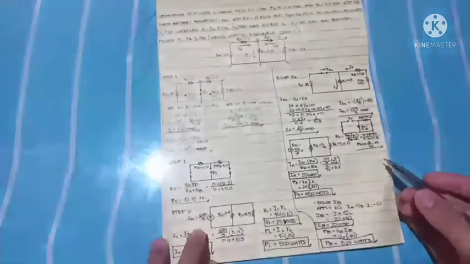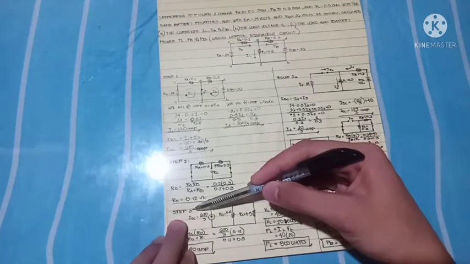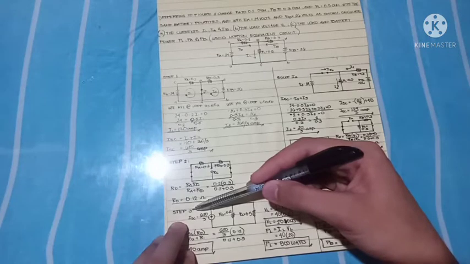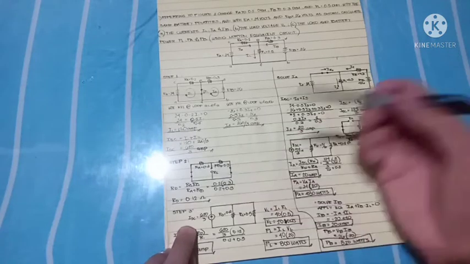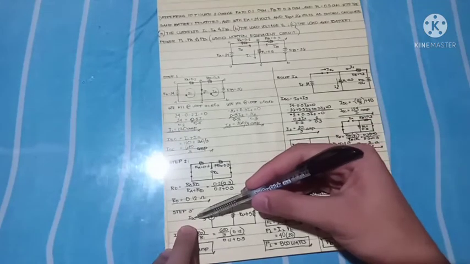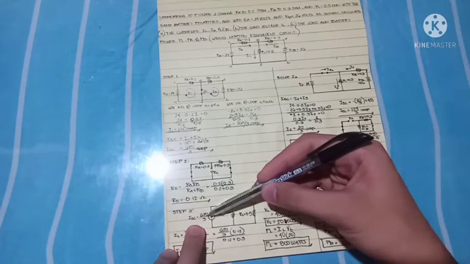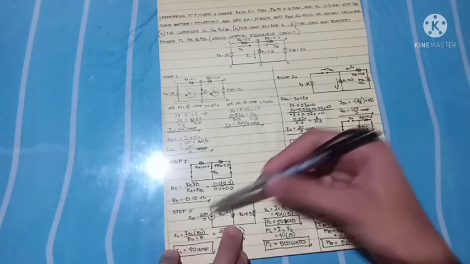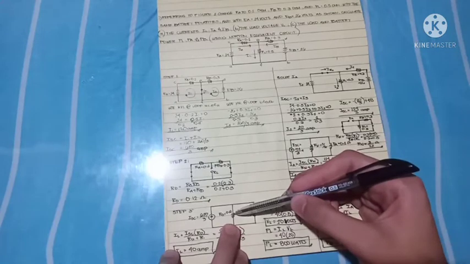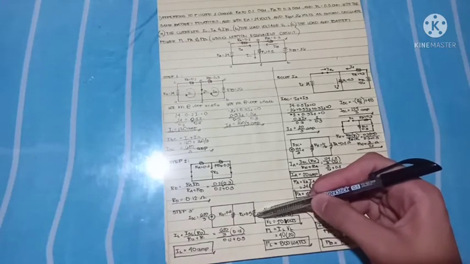Now, let's go to step 3. In step 3, construct the Norton's equivalent circuit and solve IL. In this diagram, you can see the short circuit current is equal to 620 over 3, the terminal resistance is equal to 0.12 ohms, and RL is equal to 0.5 ohms.